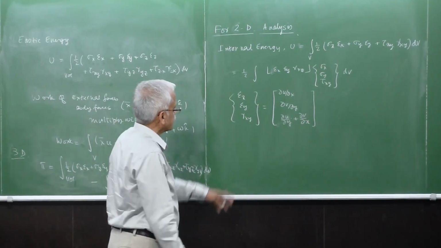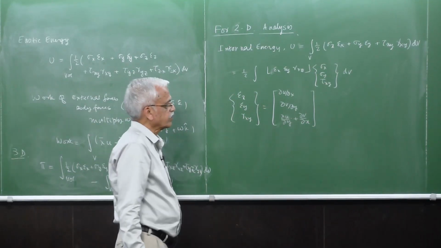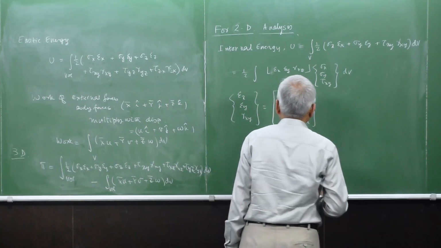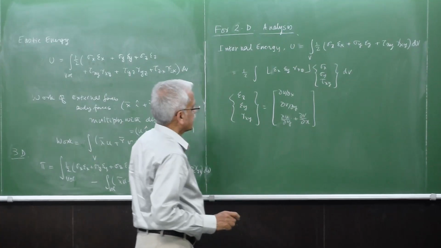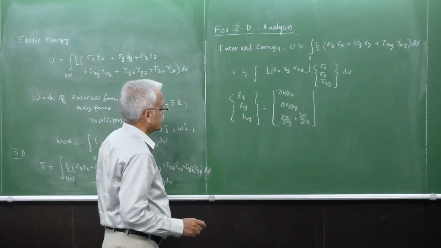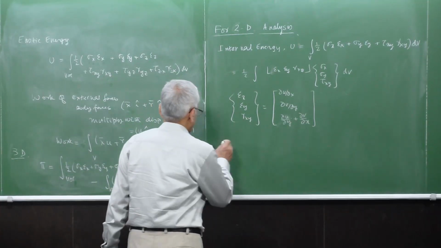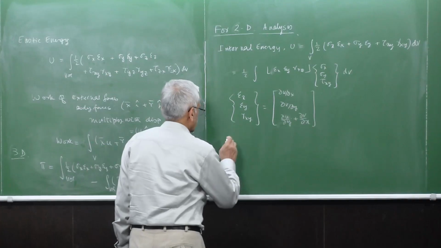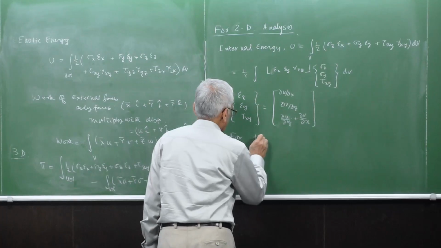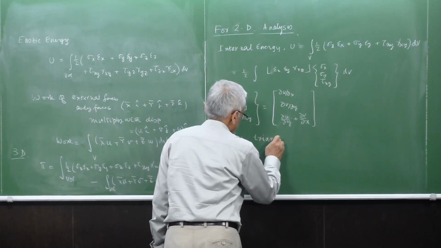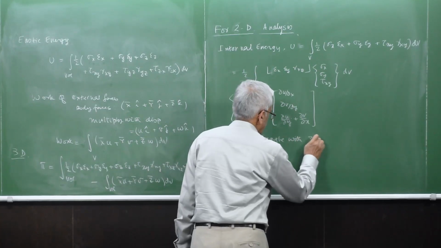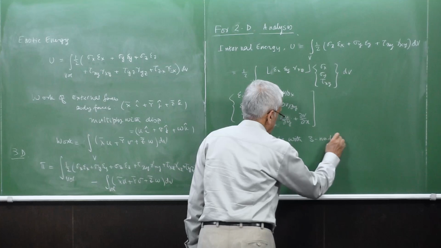So these strains are written in terms of the derivatives of the displacement. And here what we require is the expression for u, v and w. So here what we do, for u and v, let's take the triangle element with 3 nodes.